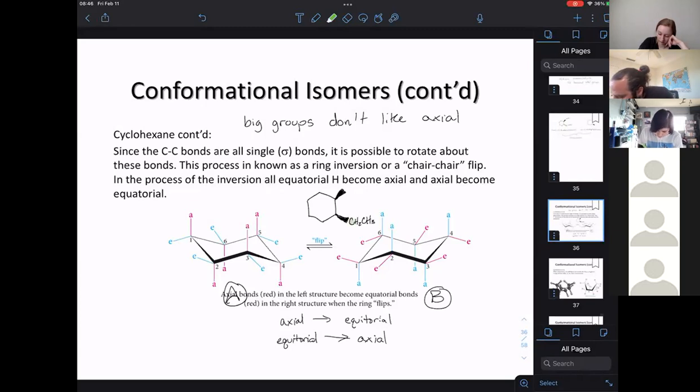But really what this is saying is that this particular bond is actually an ethyl group, not just a methyl group.